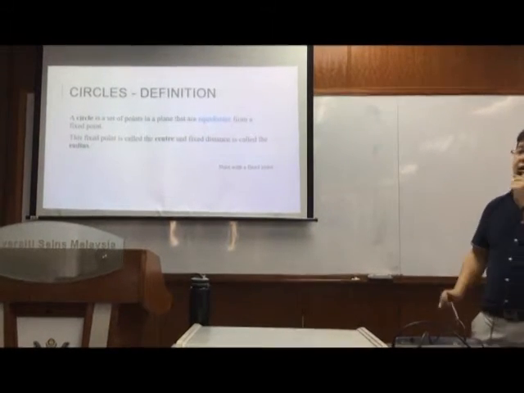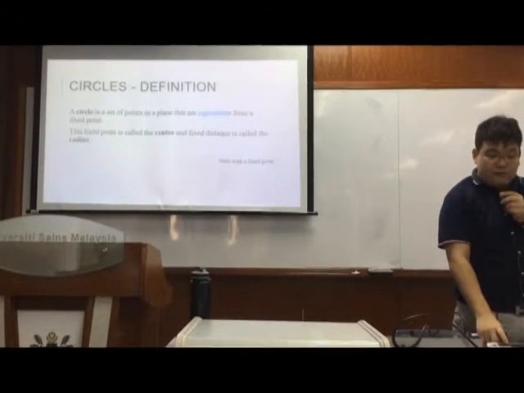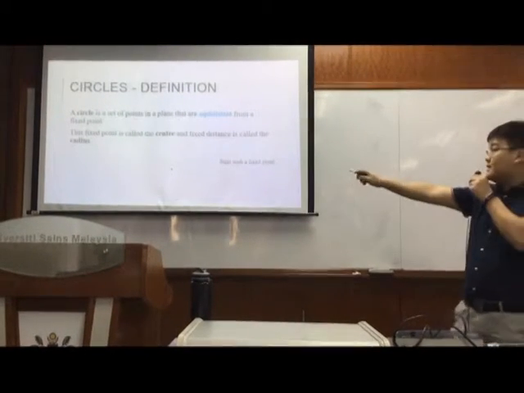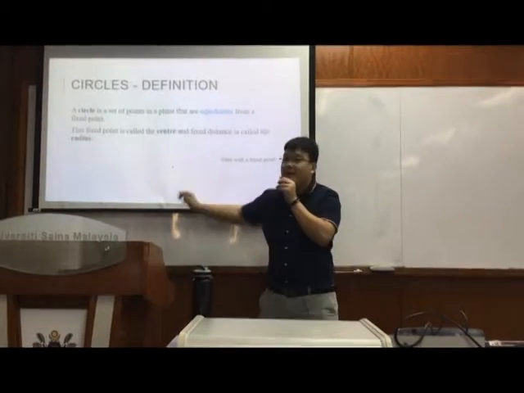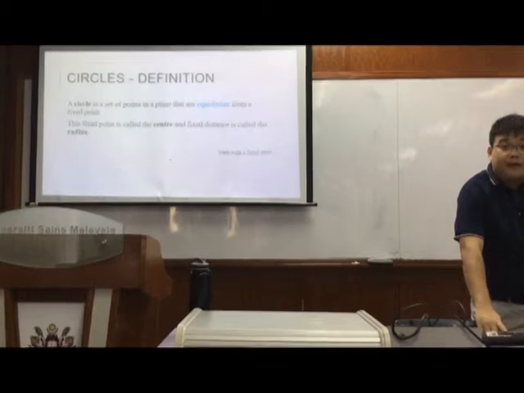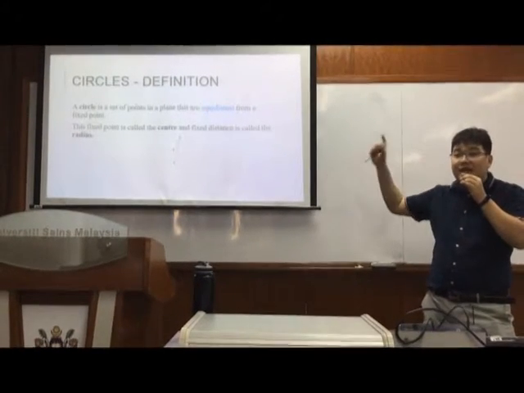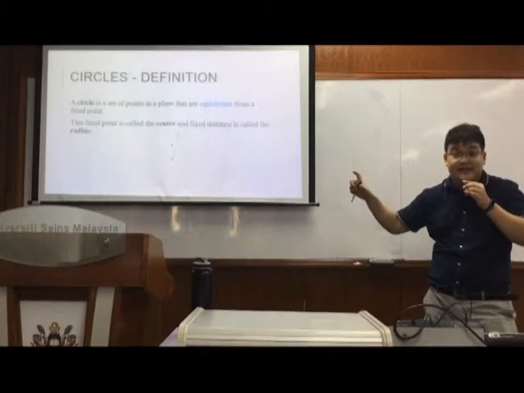Now imagine the points and the lines first. We start with a fixed point, this one. Having this point, you plot another point, measure the distance, and label it r. So r here is the fixed distance.